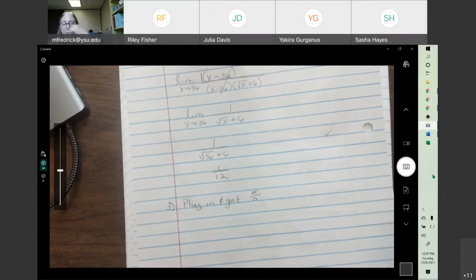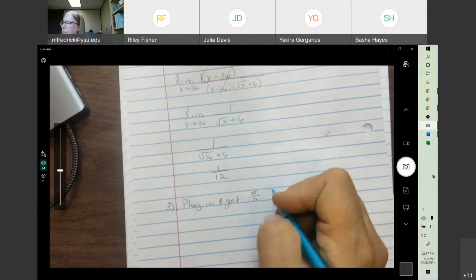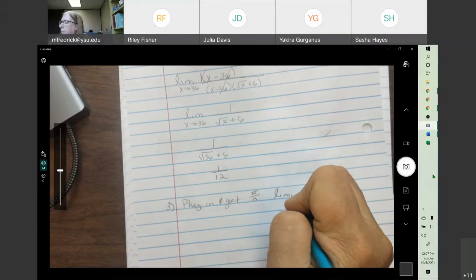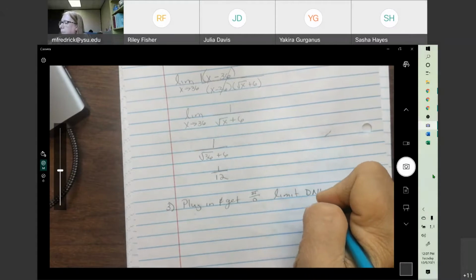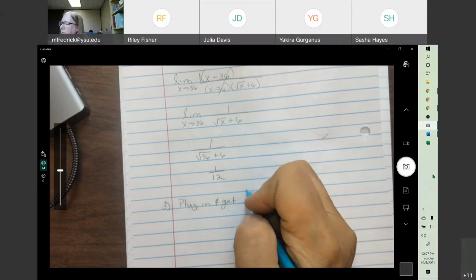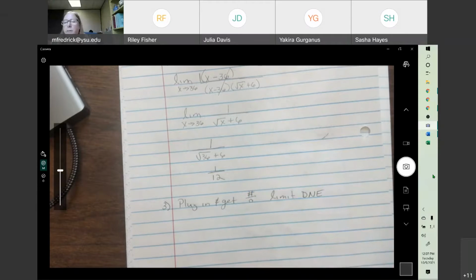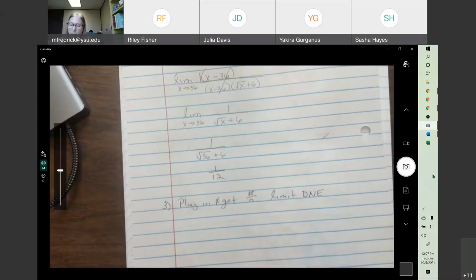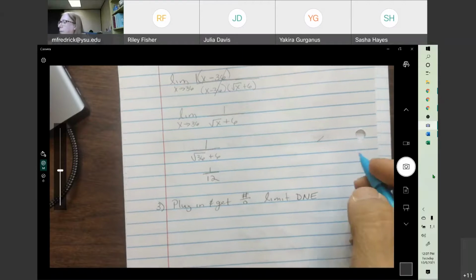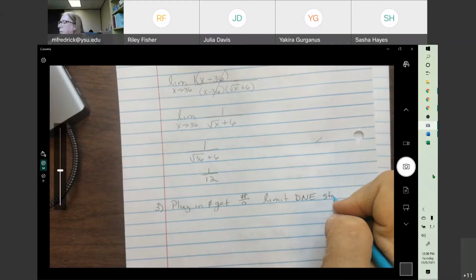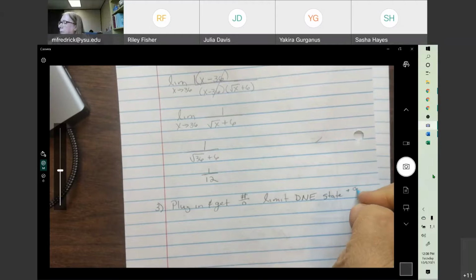So if we get a number over 0, the limit doesn't exist. Now you still have to state if it goes to positive infinity or negative infinity.